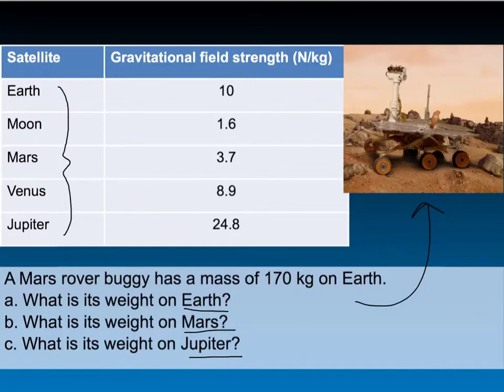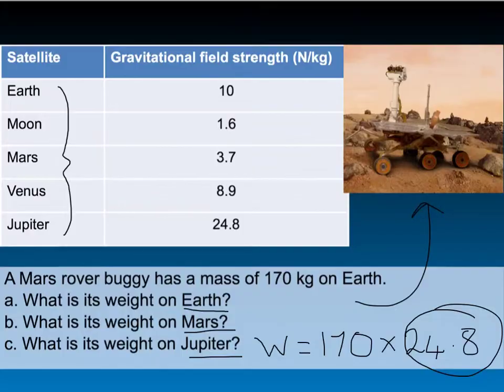Okay, did you work it out? If we're looking at these planets, the one that has the greatest weight will be Jupiter. Its weight equals its mass, which is 170, times 24.8. It has the highest weight for all of these planets, and that's due to its massive gravitational field strength.